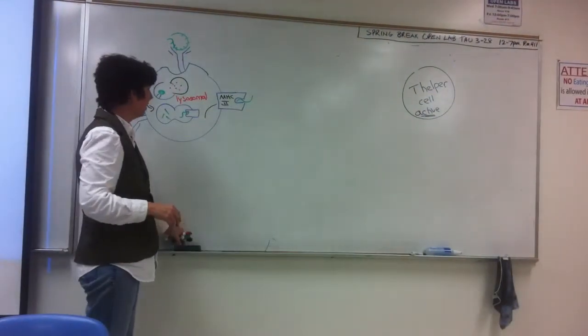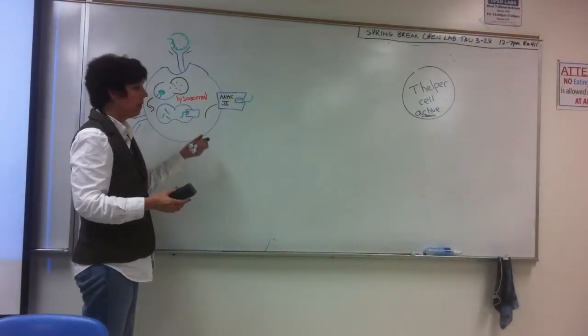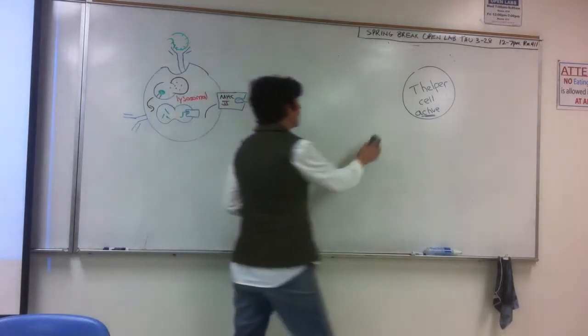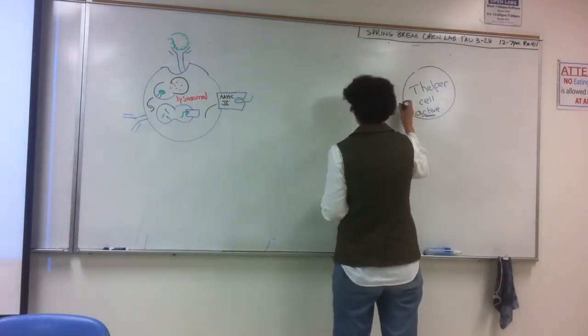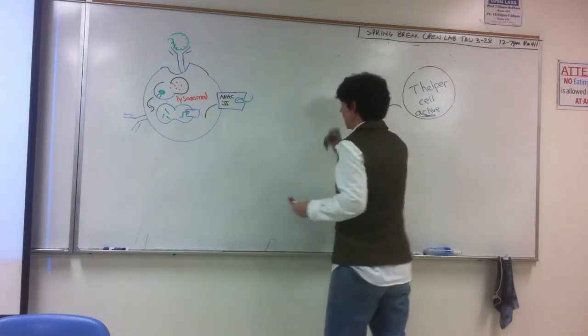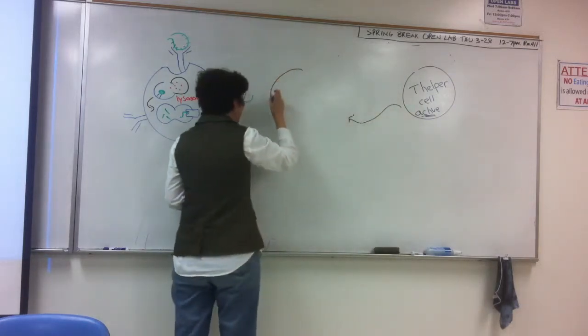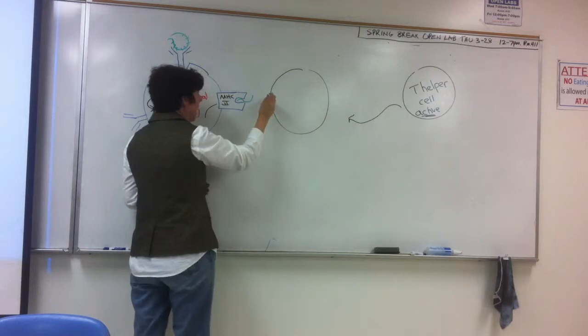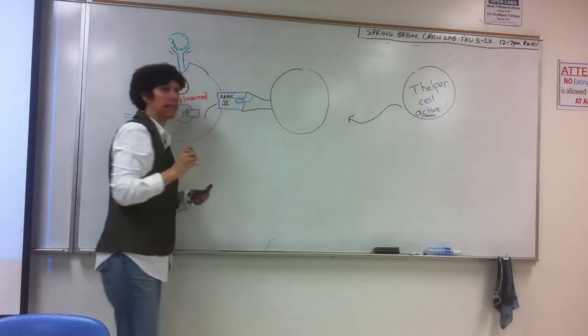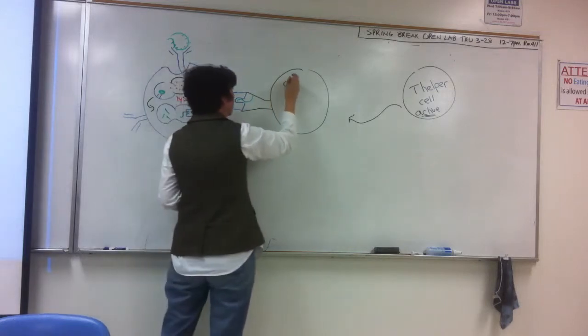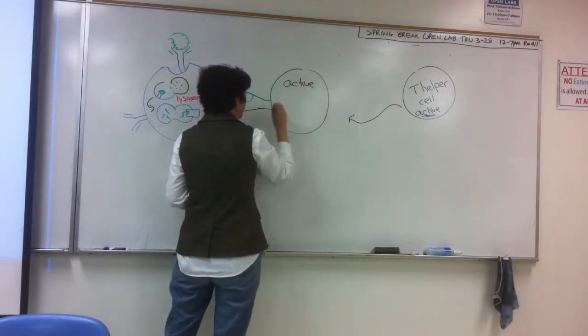So now we're presenting this MHC class 2 marker protein, and along comes our activated helper cell, just randomly taking a Sunday afternoon walk. And it happens to have the same type of receptor that matches the MHC class 2. It's already active.